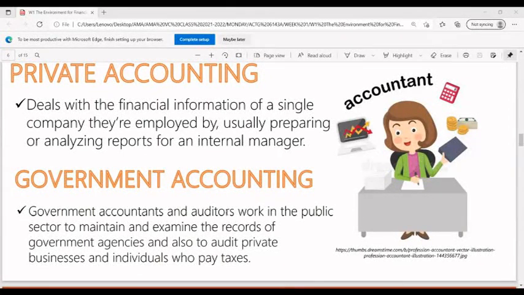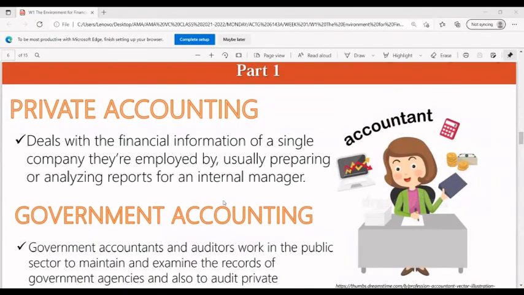They have private companies as external auditors. If you are aware of Sycip Gorres Velayo, the SGV, an auditing company or accounting and auditing firm. So that is an example of big companies extending their services as external auditors.